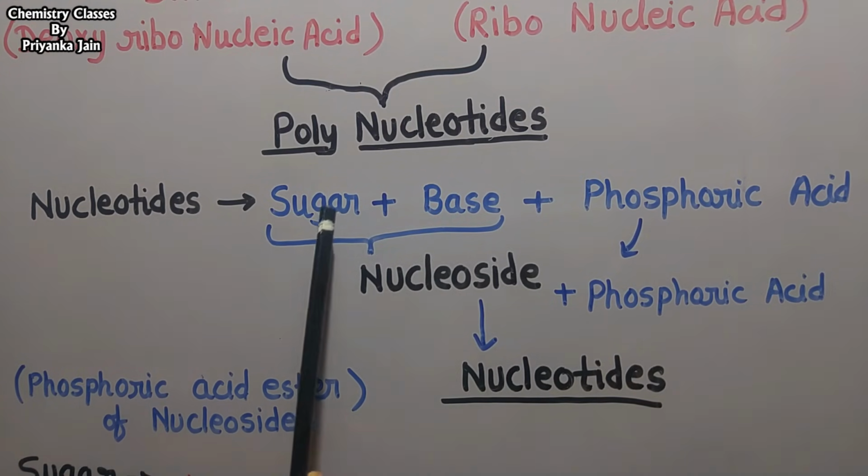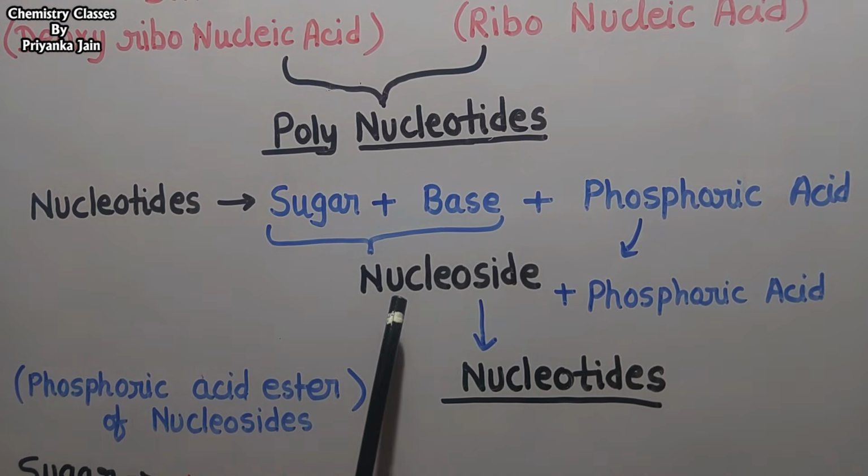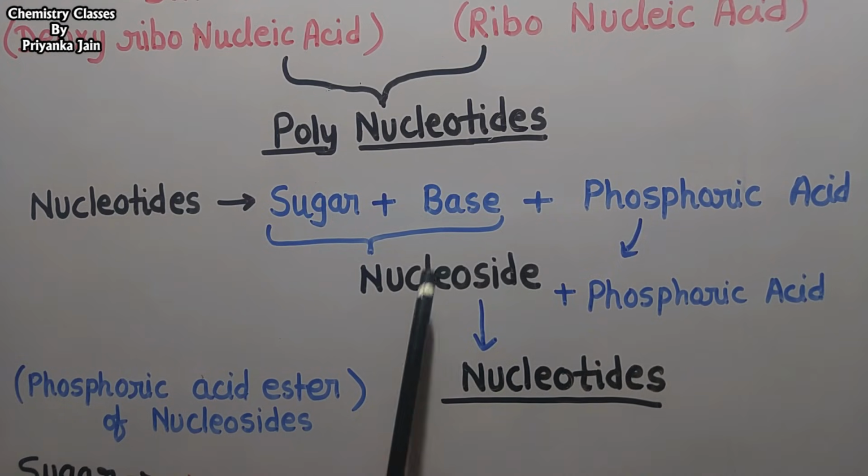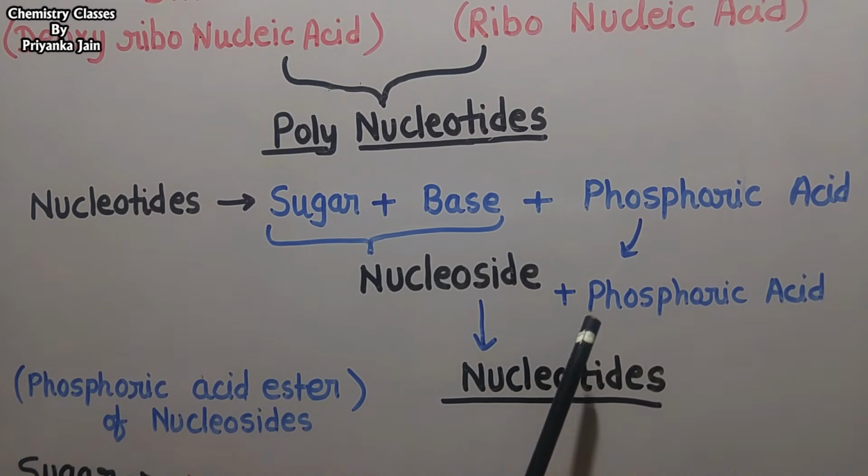It means one sugar and one base combine and form a nucleoside. And then this nucleoside combines with the phosphoric acid and forms a nucleotide, that is the unit of DNA and RNA. So nucleotides are basically the phosphoric acid esters of the nucleosides.